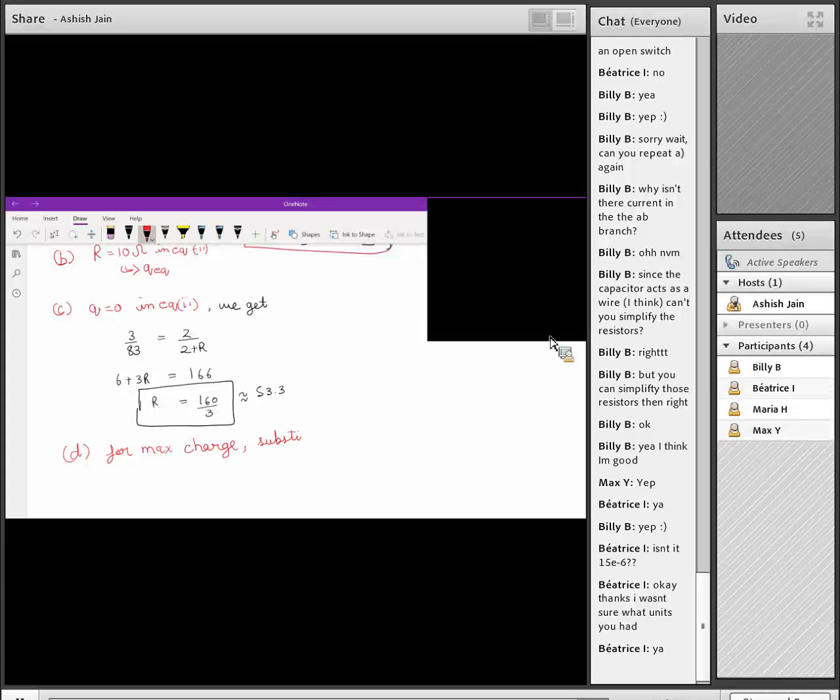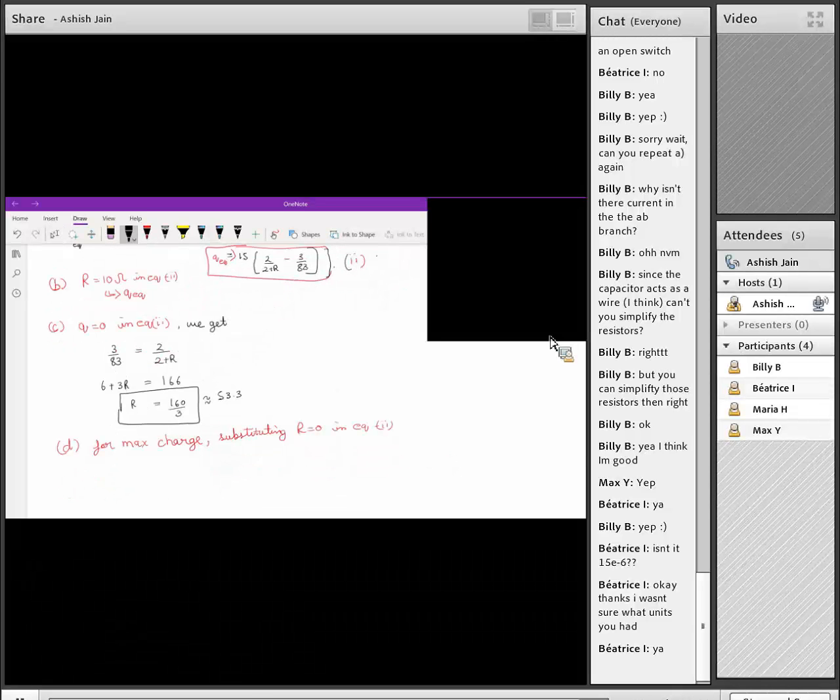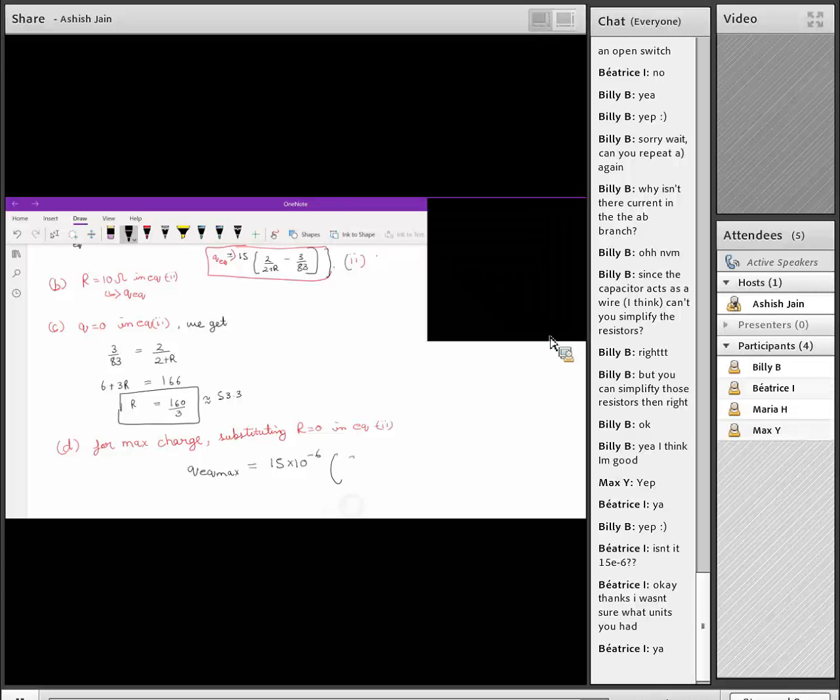substituting R equals 0 in equation 2. In this equation I'm just substituting R as 0, then I can find the maximum charge, Q max: 15 into 10 to the power minus 6. Actually, I don't have to write in coulombs, I can write microcoulombs in the end.